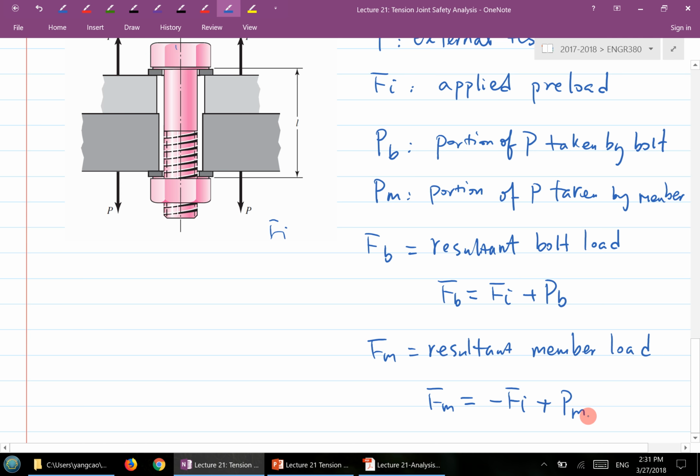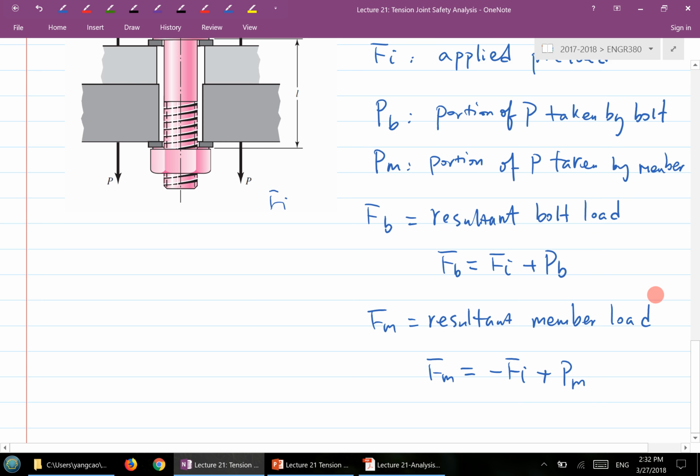As you can imagine, for this calculation, what do you think the sign of Fm is? Negative, right? And what happens when it's positive? It's failure, exactly.